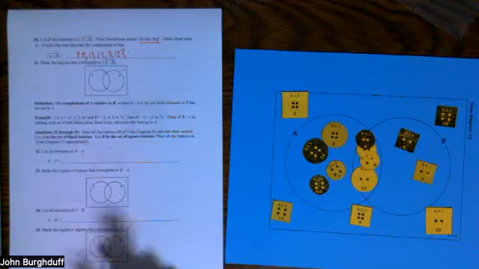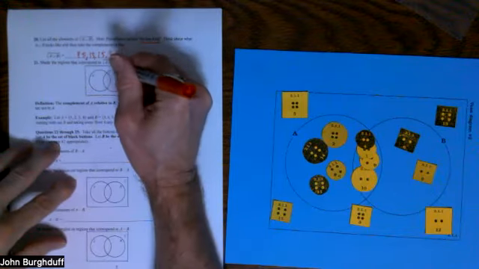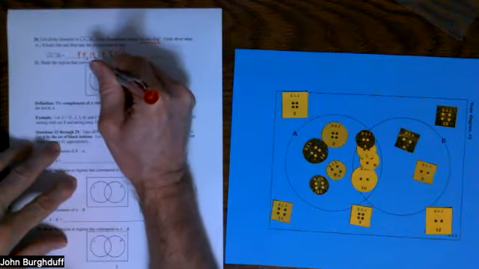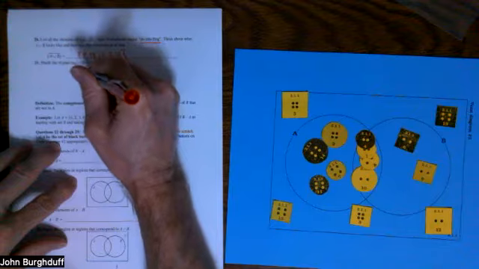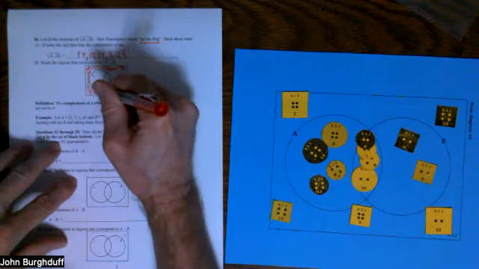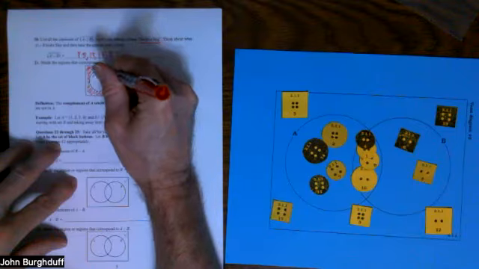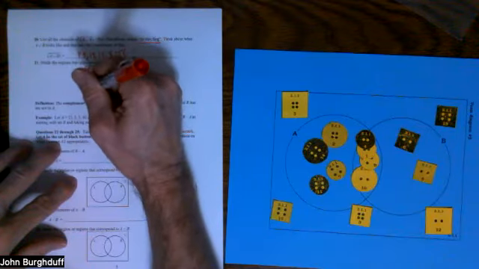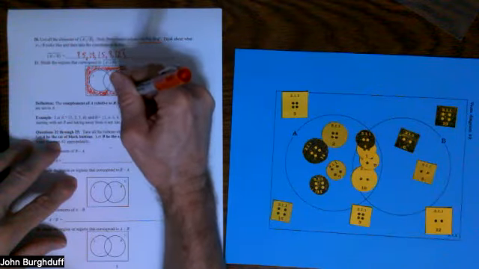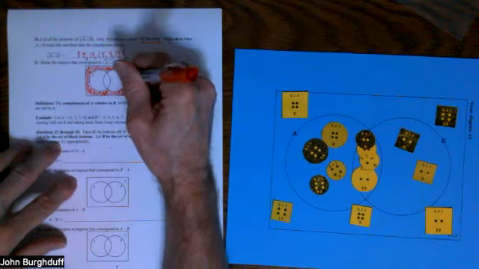Got them all, I think. And where would that be? Again, it's the outer darkness. Outside of both A and B. Not joining in the fun of the union at all. The guys that don't want to be part of the union. There they are.